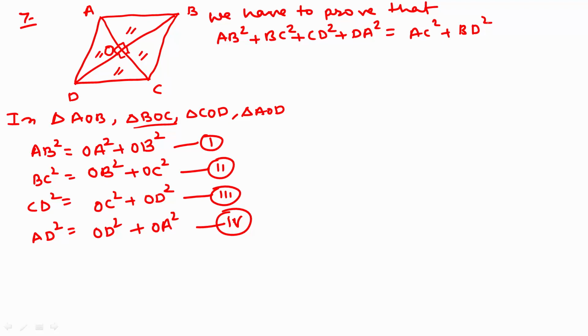That means the sum of the squares of the sides of a rhombus is equal to the sum of the squares of its diagonals.